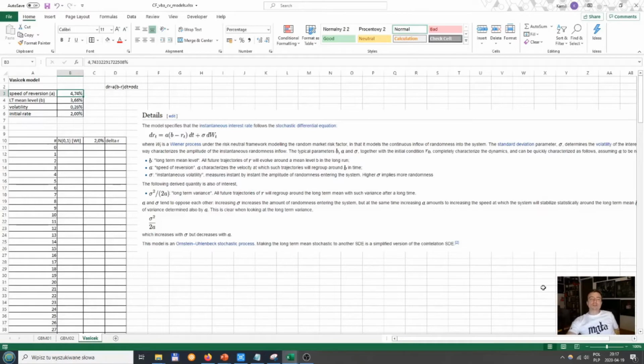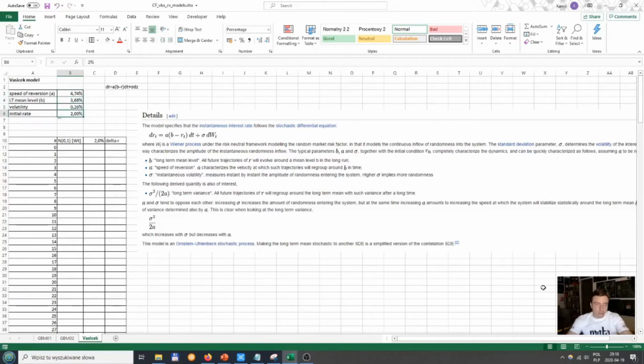In case of Vasicek, we have long-term mean or long-term expected value of interest rate. We have some volatility, but what is interesting here is that we will model evolution of interest rate changes. So we will model and show how we will revert to this expected value from our current level.